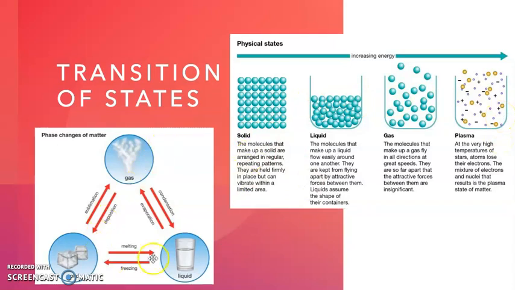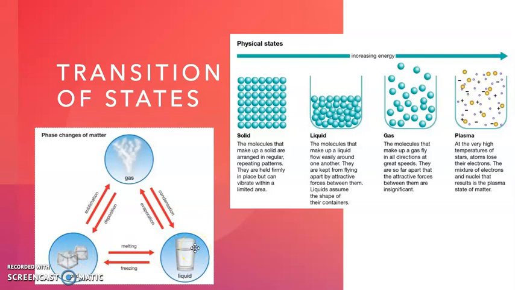Now this diagram depicts the transition of states. Solid, where you have the highest degree of intermolecular forces, if it is supplied with certain energy like increasing temperature, gets transformed into a liquid, and the process is referred to as melting.